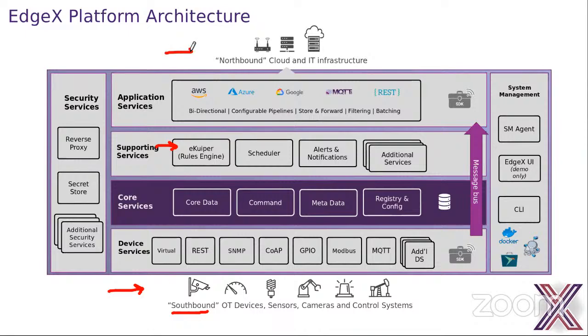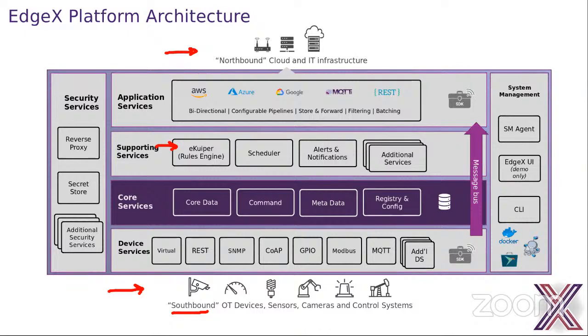Whereas the north side is what we consider to be your enterprise, your cloud environments, maybe your applications or your databases that typically reside inside of things like your command and control server environments. The task of EdgeX is to serve as a go-between between these two worlds, the south and the north, with this collection of microservices.